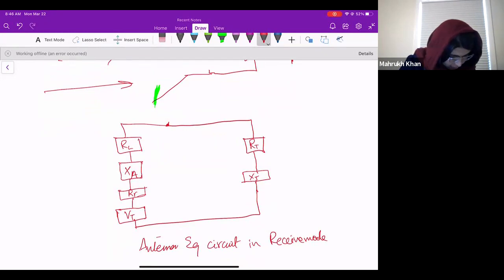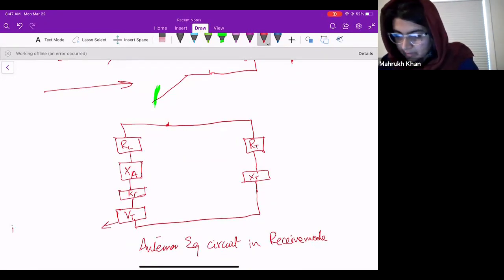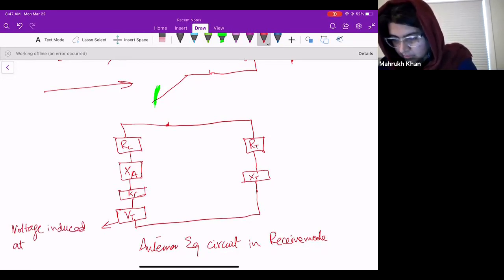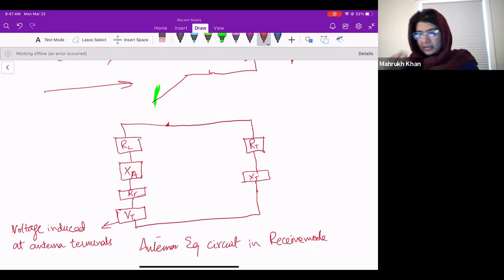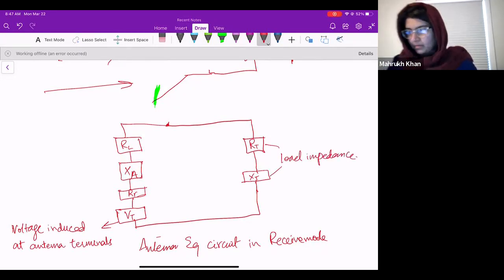It's the voltage induced at the antenna terminals. Okay, and all the other things are the same. This is the load impedance.